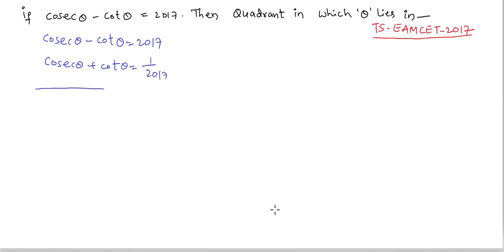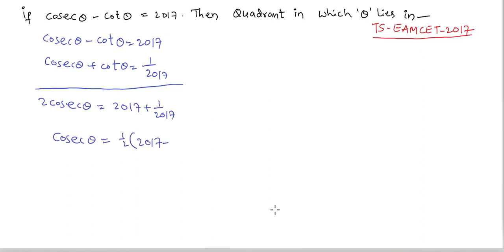So adding these two equations, 2 cosec theta is equal to 2017 plus 1 by 2017. From this, cosec theta is equal to 1 by 2 into (2017 plus 1 by 2017). This cosec theta is greater than 0. That means theta lies in the first and second quadrants.